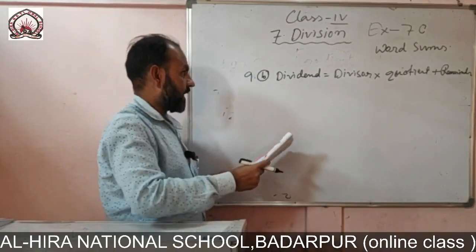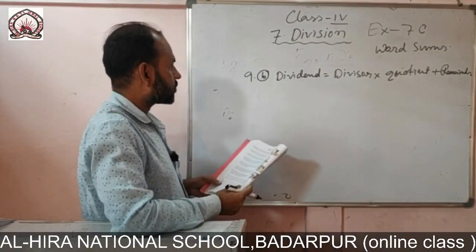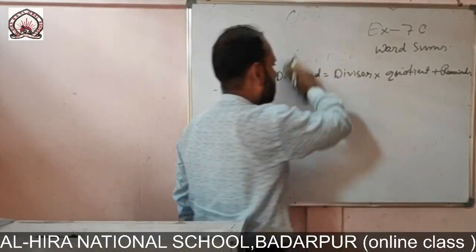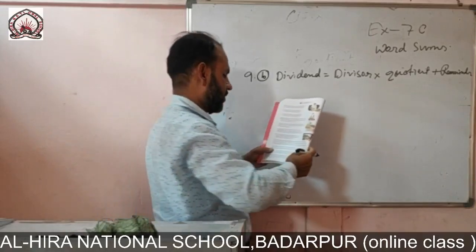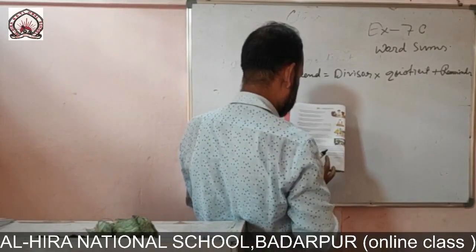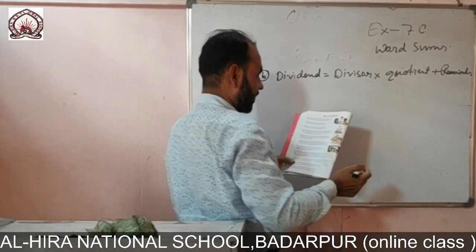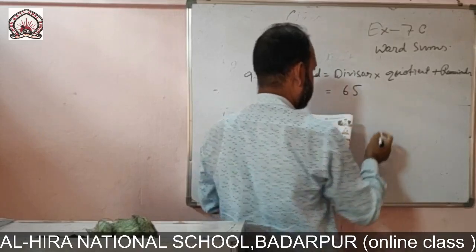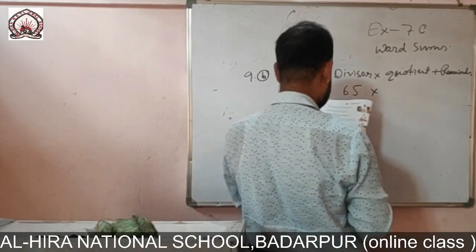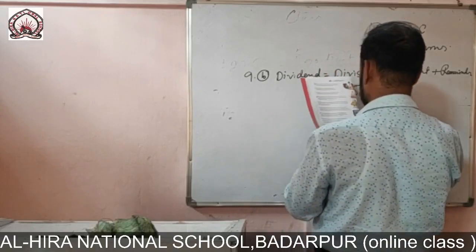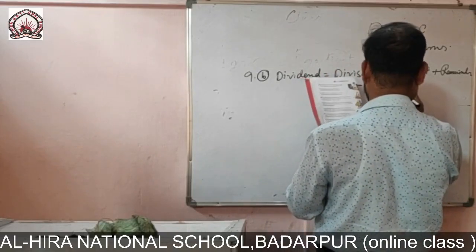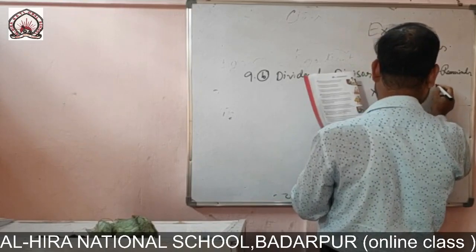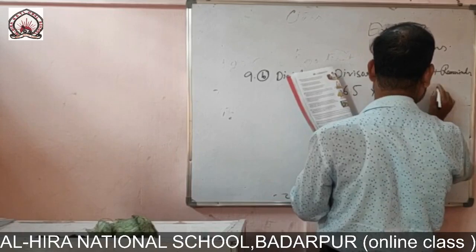So here divisor equal to 65 into quotient equal to 282 plus remainder 32.